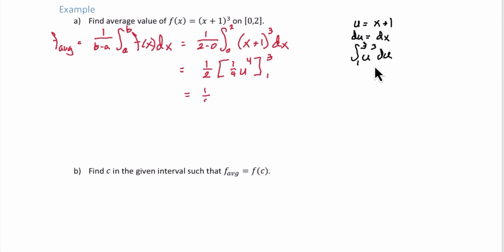We have now 1/8 times 3 to the 4th minus 1 to the 4th. 3 to the 4th is 81, 1 to the 4th is 1, so 81 minus 1 is 80. We'll get 10.